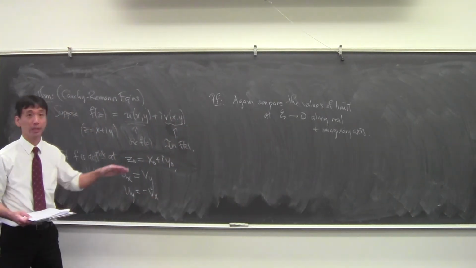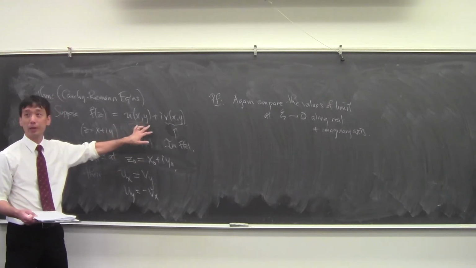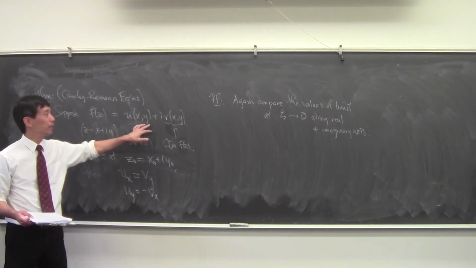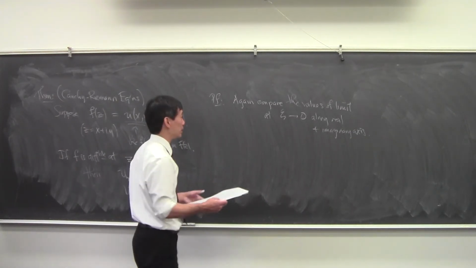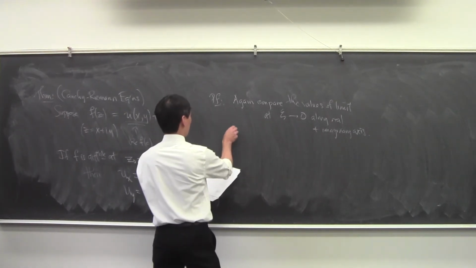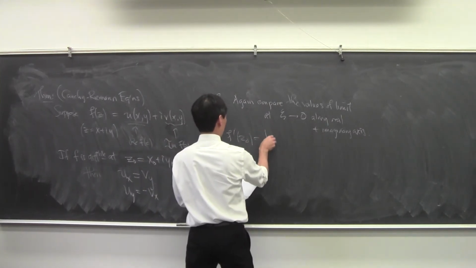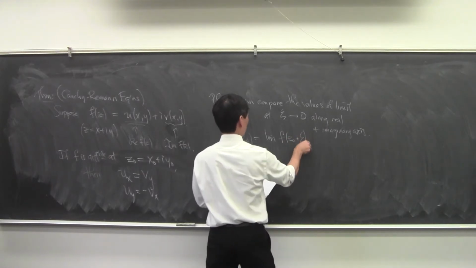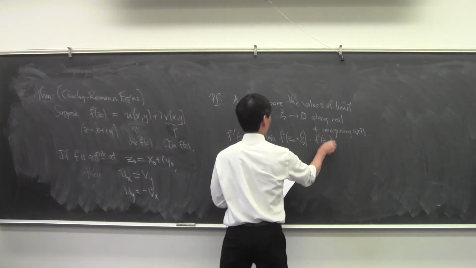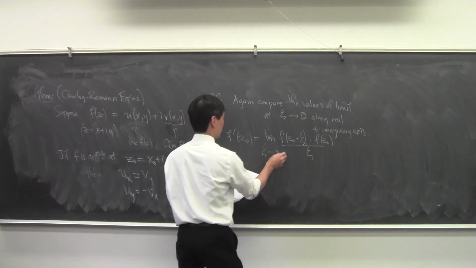It's basically the exact same argument that we just did, but you do it for this function. Let me sketch it out. F prime z naught is going to be the limit of f of z naught plus zeta minus f of z naught over zeta as zeta goes to 0.